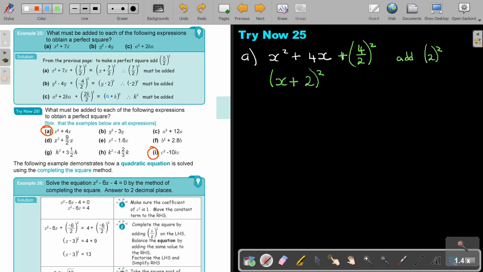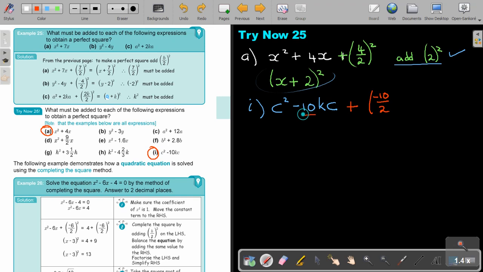This one needs a bit more concentration, and it's not b, it's number I. So this was not necessary, they just want me to write this. So in number I, I'm going to say c squared minus 10kc. So what must be added? Let's take another color again. So it was that negative 10k divided by 2.